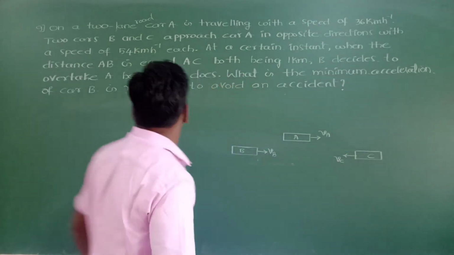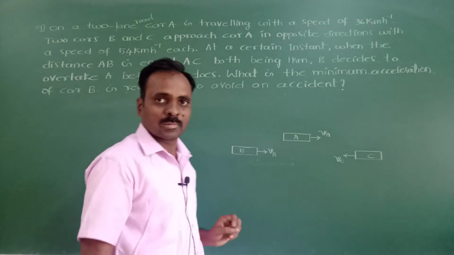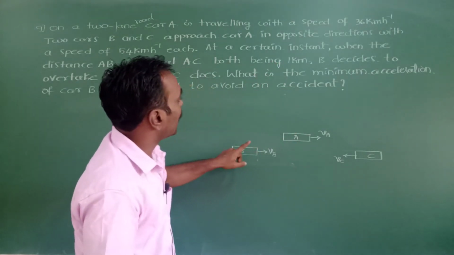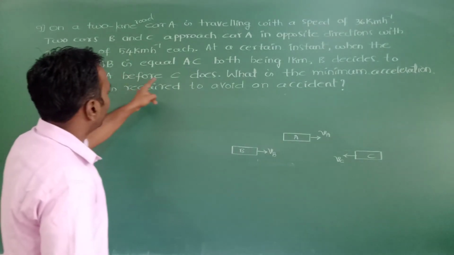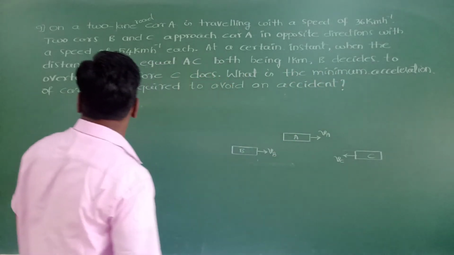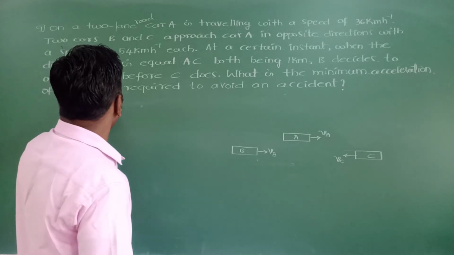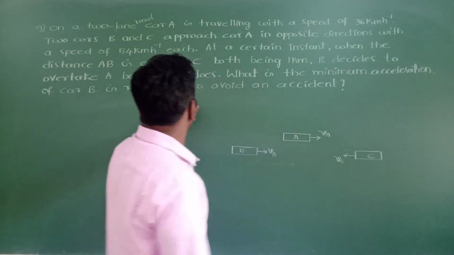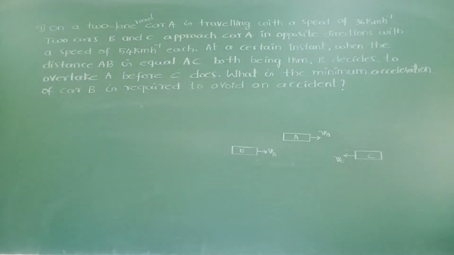B decides to overtake A before C does. What is the minimum acceleration of car B required to avoid an accident? Okay, this is the question.